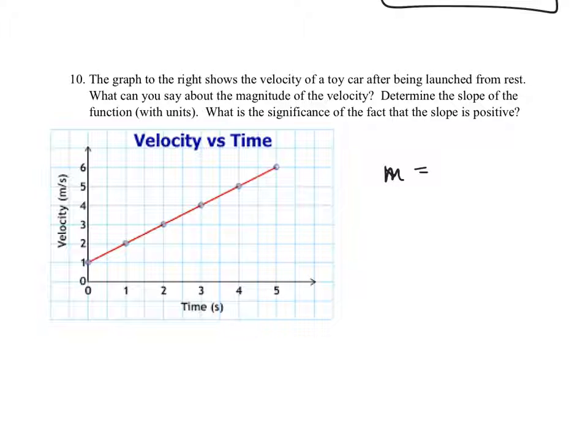So 1/2, right? 1/2 is the slope. Oh yeah, take a look at the grid lines. Every 2 boxes is 1 here. Every 1 box is 1 here. So it turns out to be 1 as a slope. Instead of counting up and over, which is what I did when you said 1/2, it's up 1 meter per second for every second. So it is 1 over 1. Thank you. Now, what are my units here?